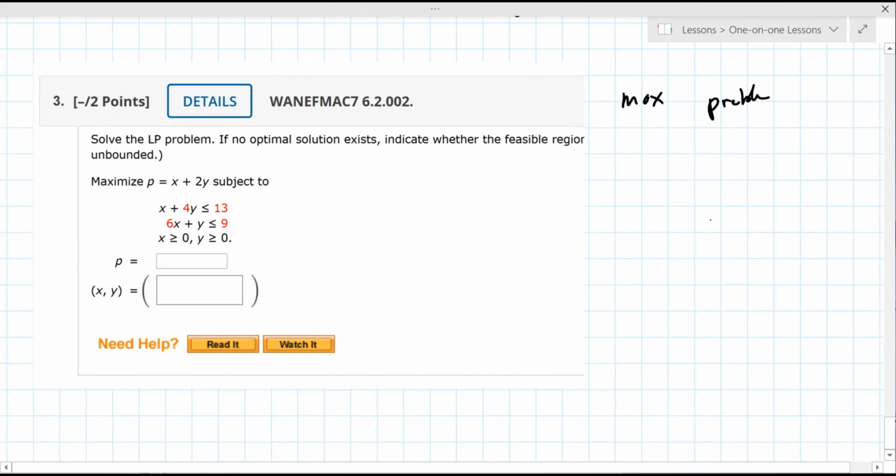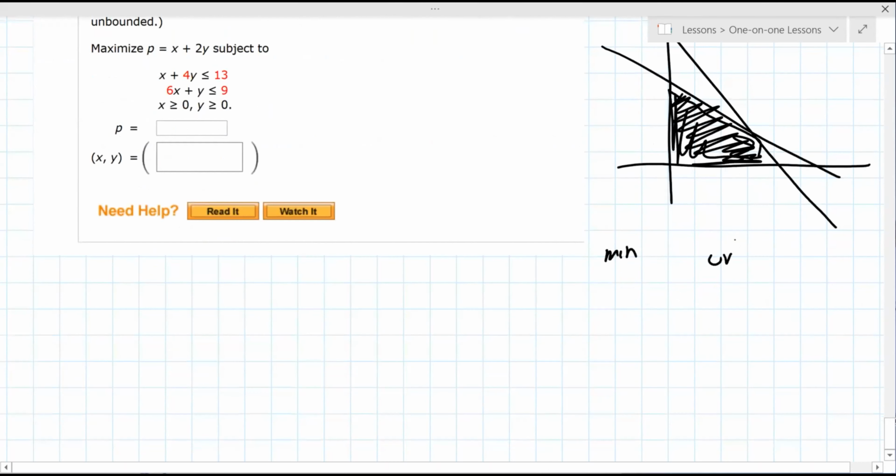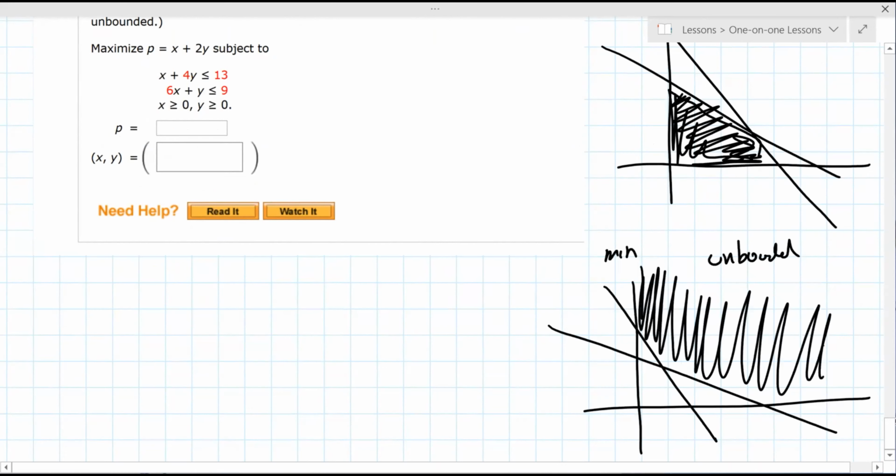That means that whatever you get when everything works out is a closed region like this for a max problem. For a min problem, you have an unbounded region, and that generally looks something like this, where your region is all of this stuff out here.